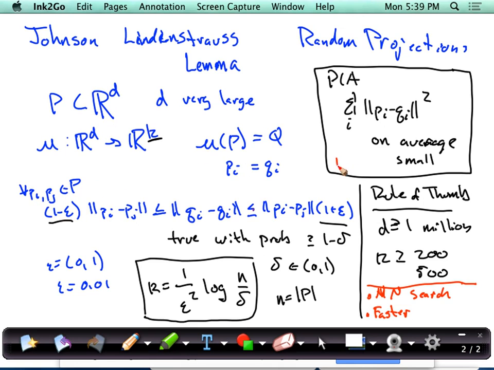With Johnson-Lindenstrauss, the time is going to be n times d times k. So if k is much smaller than d, this is a big enough difference.